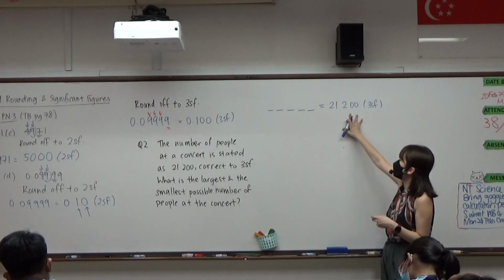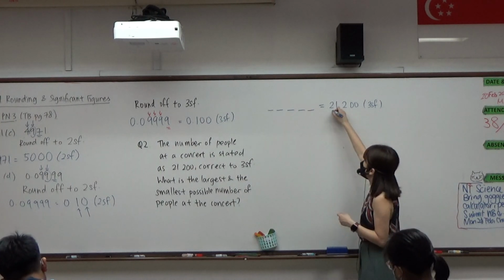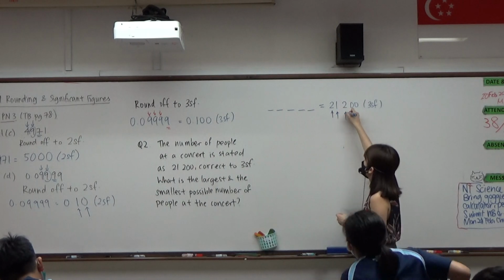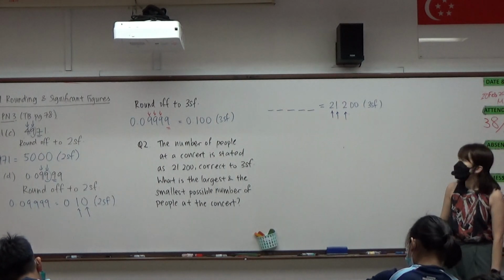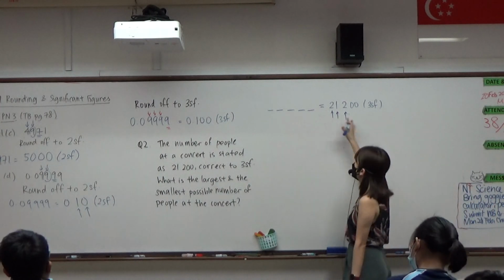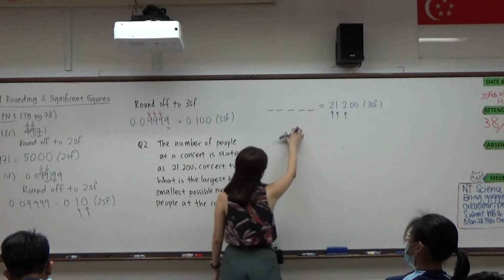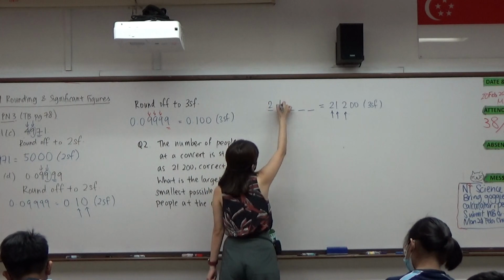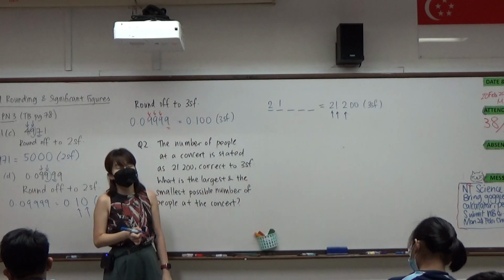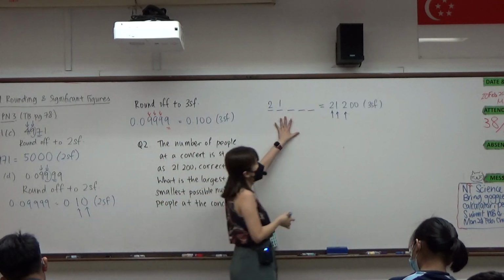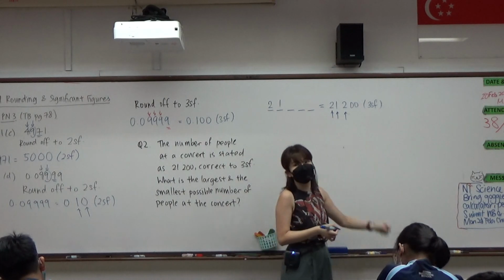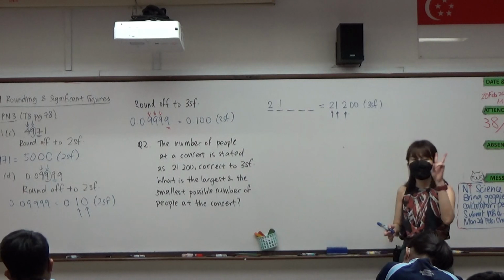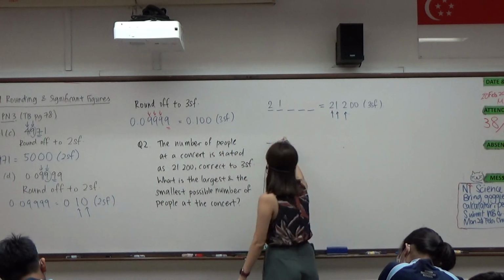The way we count 3 significant figures is that we have this and this as my 3 significant figures. So before getting 21,200, surely there must be a 2 and 1 over here. Before that it must have either been rounded up or rounded down to get my 21,200. So there are 2 possibilities.